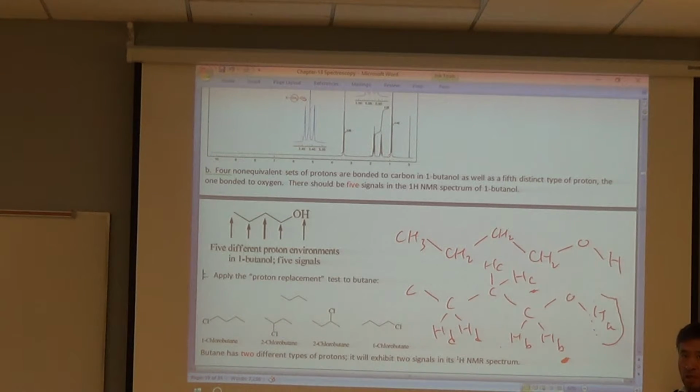If you have very high resolution, you will see your line is more complicated, but for simplicity, you can just add these two together, you get 4, and use the n+1 rule. If you have 4 H nearby, then plus 1, you will get 5 lines together as one signal.